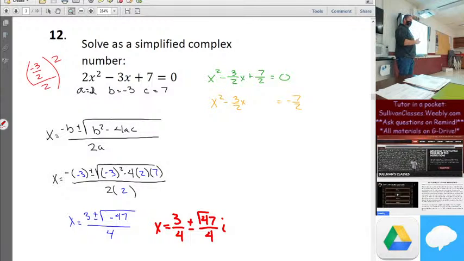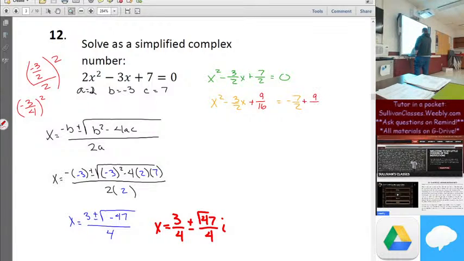Dividing by 2 is the same as multiplying by 1/2. So this is -3/4 squared. So I'm going to add 9/16 to both sides. Now I can write it as a perfect square binomial. It's always x plus b over 2, half of this term, squared.